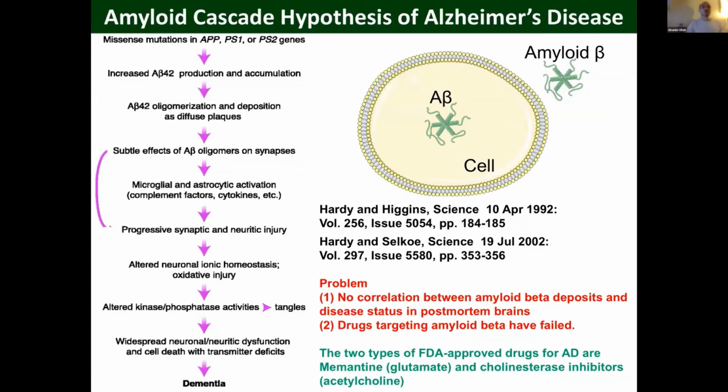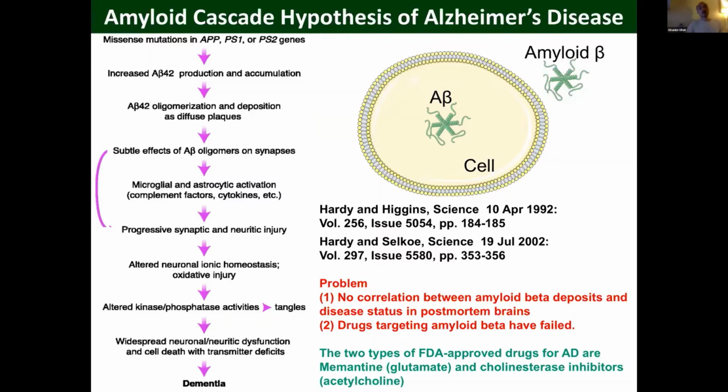Just to quickly introduce, I'm sure you have heard of Alzheimer's disease. It's a devastating aging and genetic type of disease that starts with the degeneration of synapses, then memory loss, and eventually dementia and death.